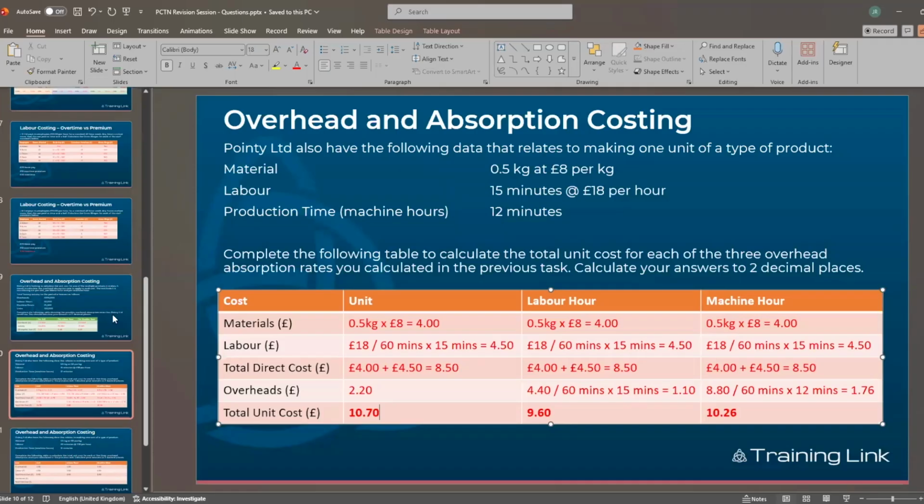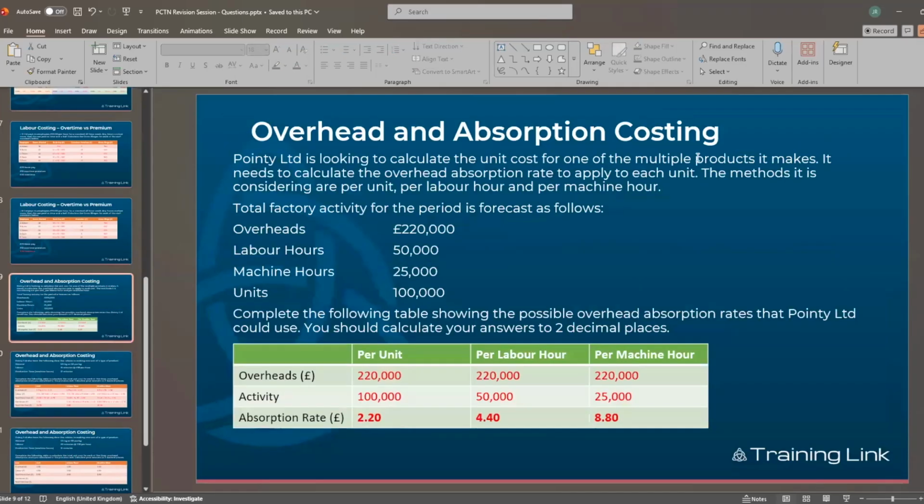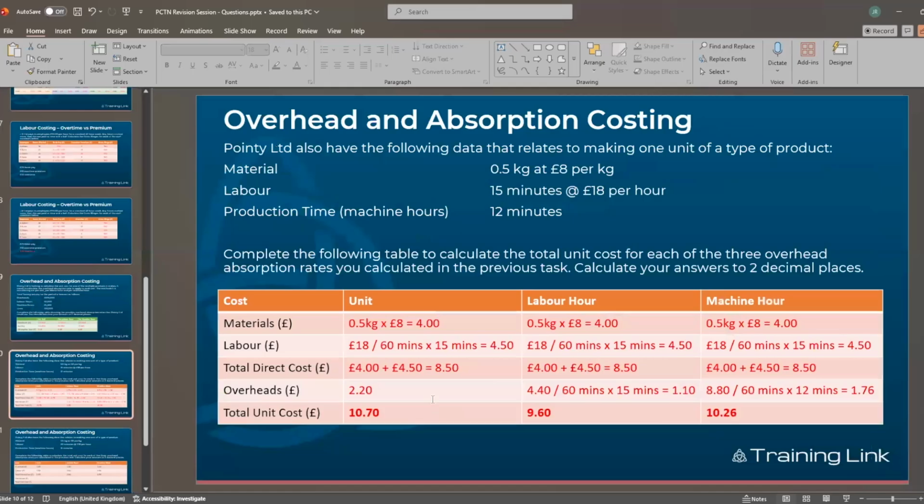So purposely in this scenario, I put at the top that the business makes multiple products. If ever you see something that says a business makes multiple products, then you're going to see a difference in these boxes here. The reason is that different products take different amounts of time and materials, so when you proportion that absorption rate, you end up with different rates.